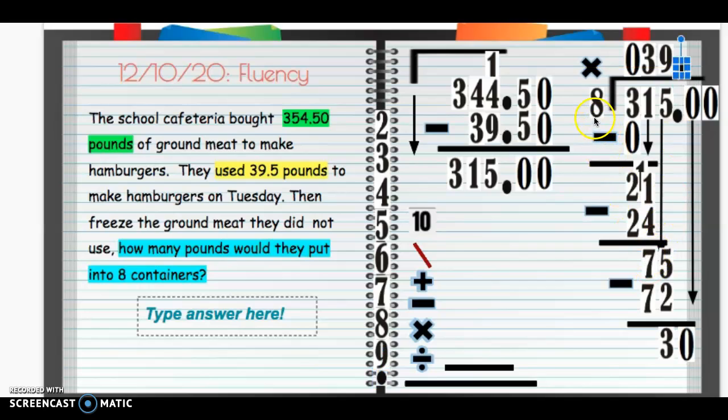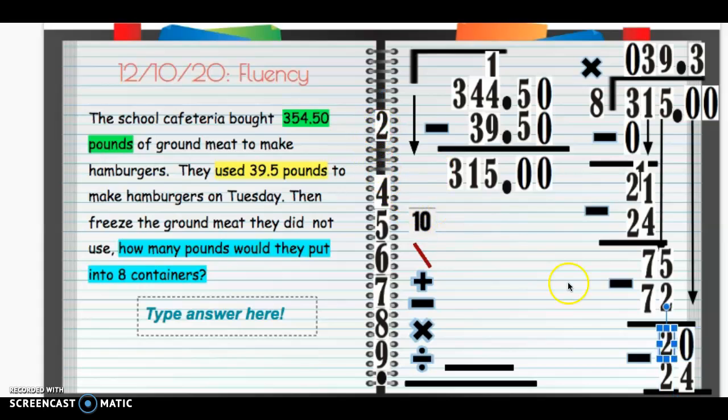So now how many times does 8 go into 30? Well, again, 8 times 4 was 32, so that's too big. So I have to do 3, which is 24. And then I subtract it. 0 minus 4 I can't do, so the 3 becomes a 2.